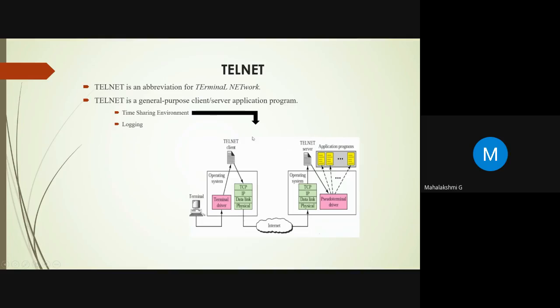The telnet client accepts characters from your operating system and converts them into one uniform format which we call NVT, and then it is sent through the TCP/IP stack. Again, it travels over the internet and reaches your remote site. At the remote site, the characters are received by the telnet server, and then converted to the corresponding character format understood by the operating system located in the remote system.